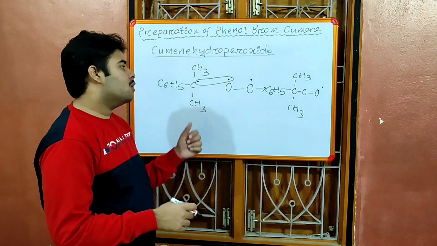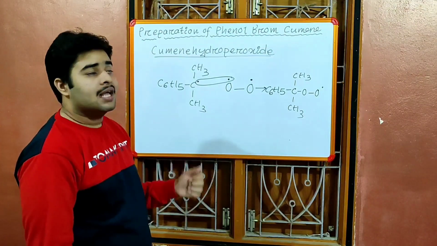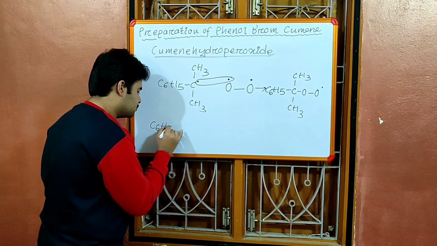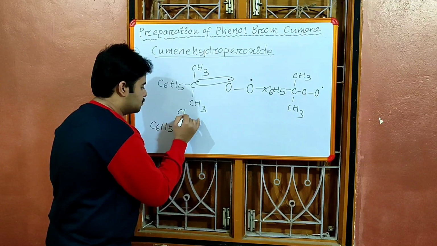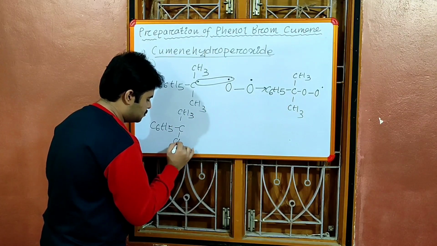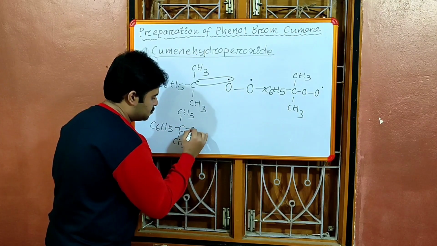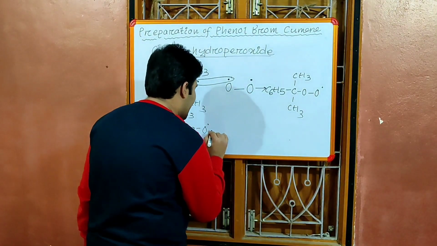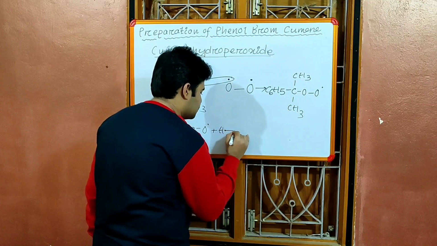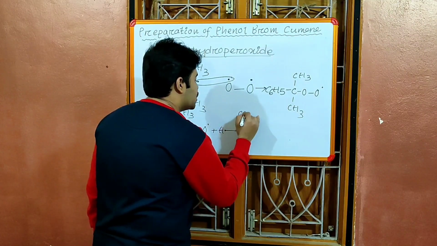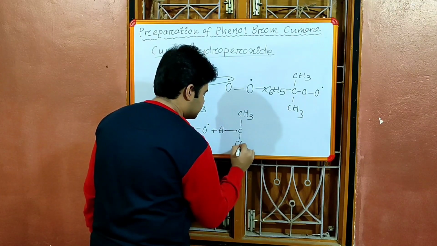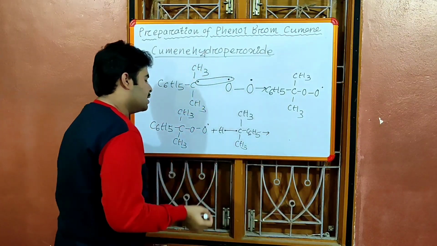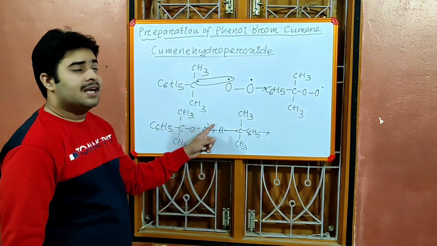We have to take another molecule of cumene. So what will happen? Here is the free radical that we formed in our previous step, and here is another molecule of cumene.